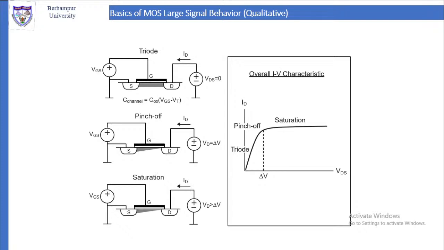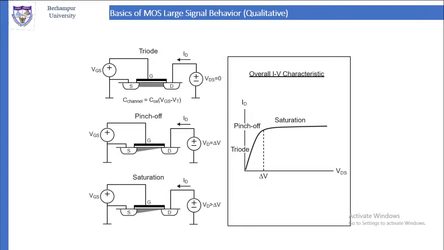Then there is a saturation region, which is beyond the active region, where the switch is on. So the MOS transistor acts either as a switch in on-off mode, which is pinch-off or saturation, or as an amplifier, which is when it acts like a triode. Those three conditions are shown, and the IV characteristics describing this are also shown in the figure.